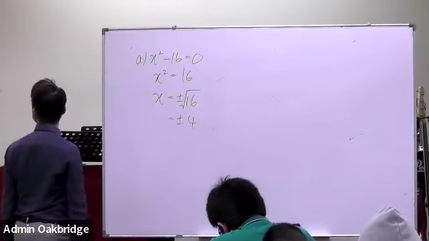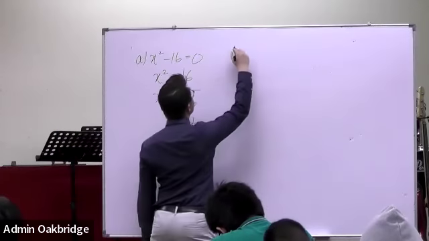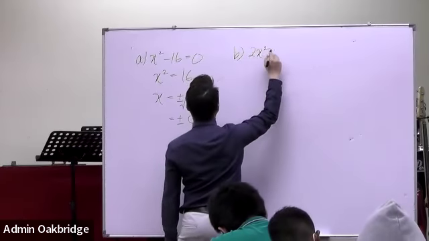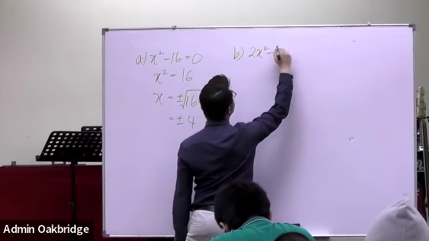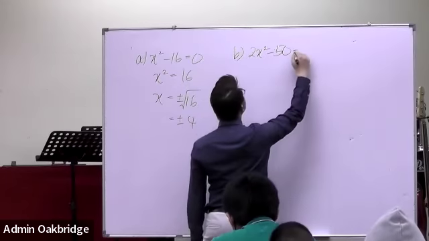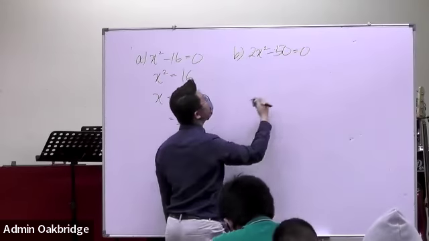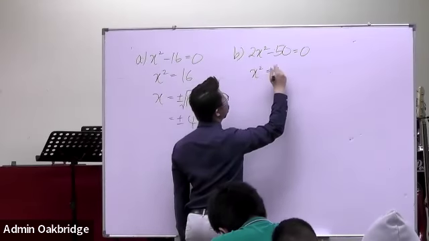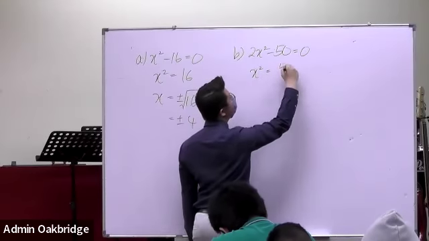Very simple. And then another one, 2x squared minus 50 equals 0. Again, with x squared as the subject, you move the minus 50 to the right-hand side.